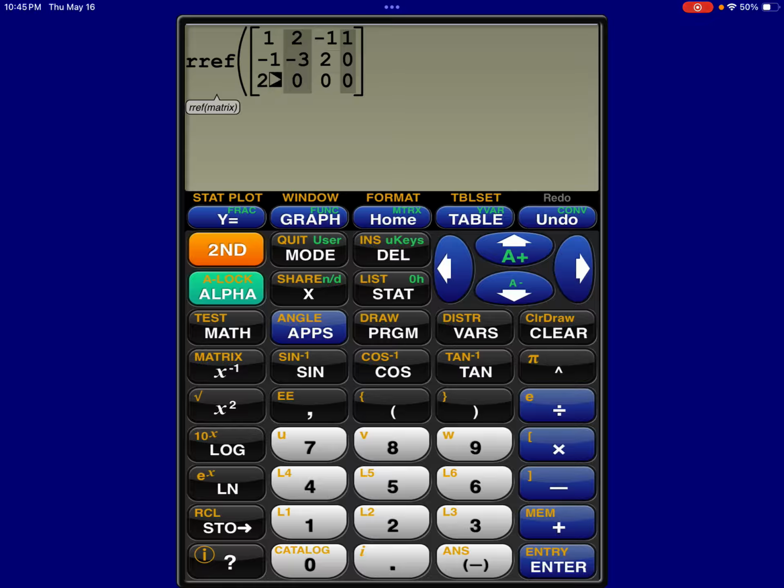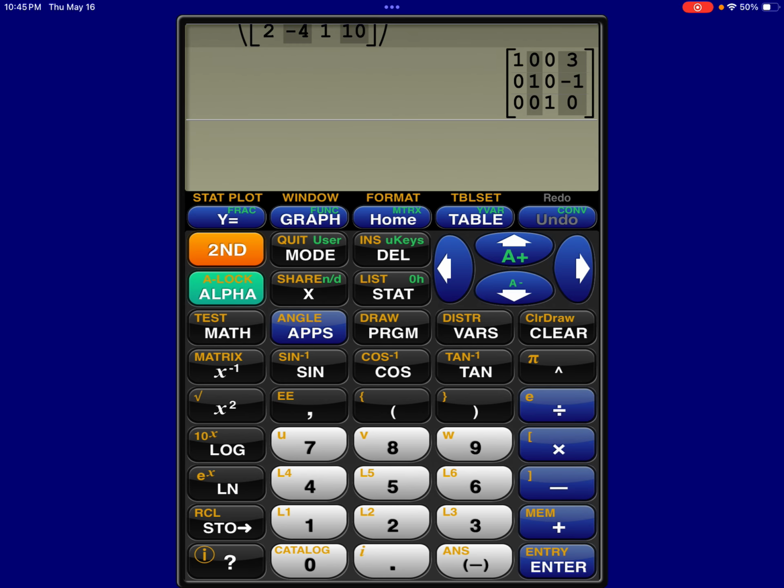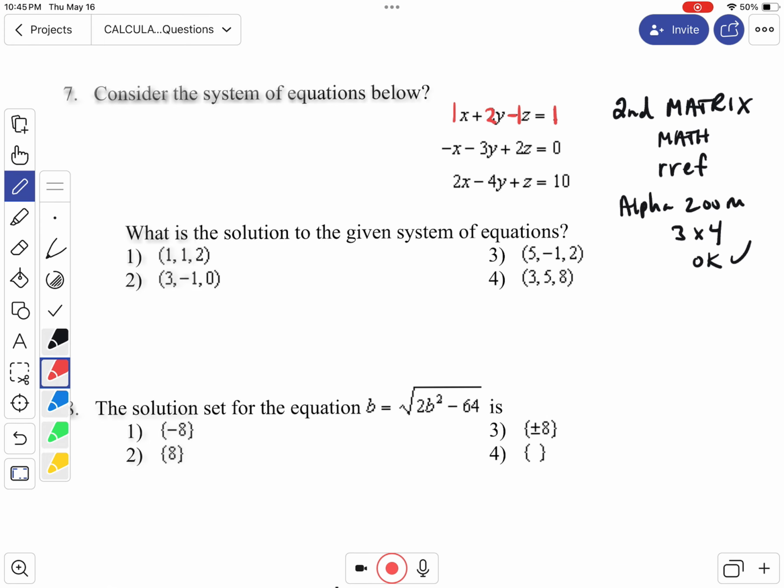And then the last row, I have 2, -4, 1, and 10. And when I press enter, the numbers on the right side are going to be your solution. So 3, -1, and 0. So x equals 3, y equals -1, z equals 0, and I have that down as choice 2.